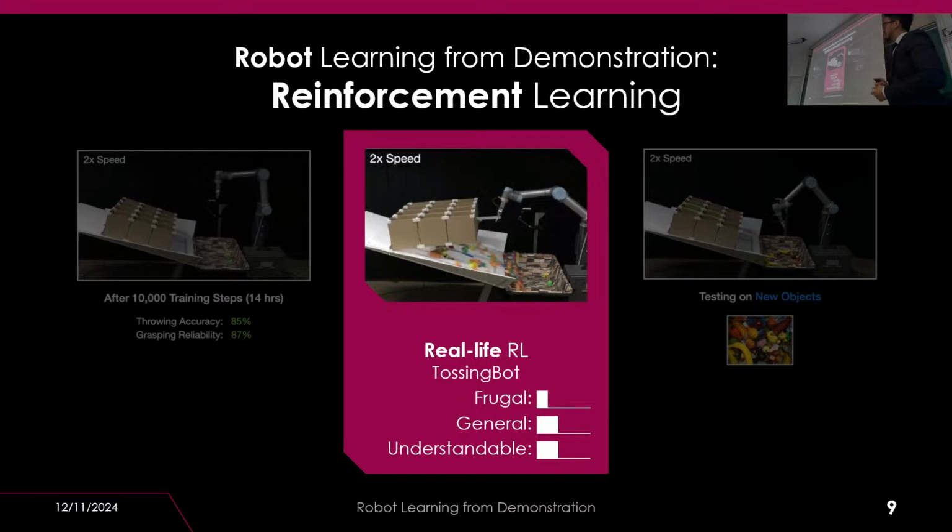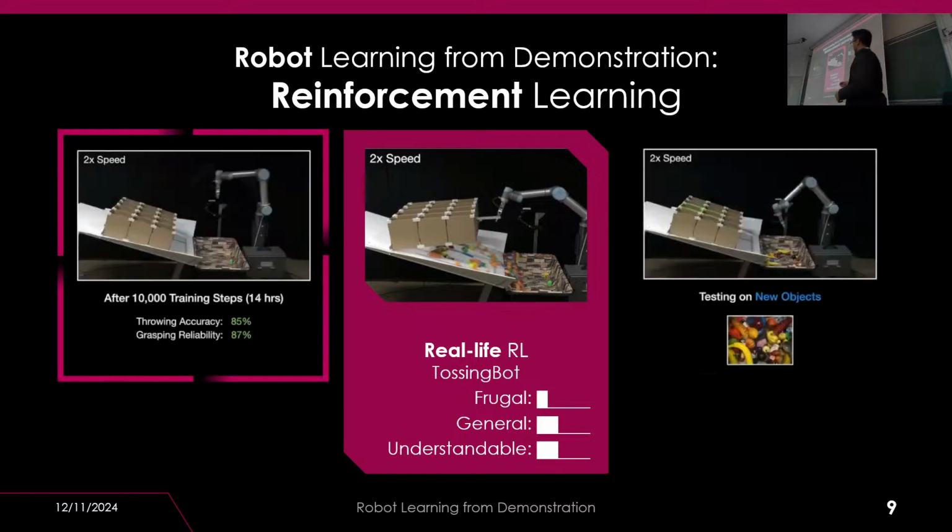We have the example of TossingBot for real-life reinforcement learning, a setup that allows a UR5 arm with a gripper to toss objects after 10,000 training steps, about 40 hours of training, and the robot is able to accurately throw about 85% of the time when aiming for a given bin.